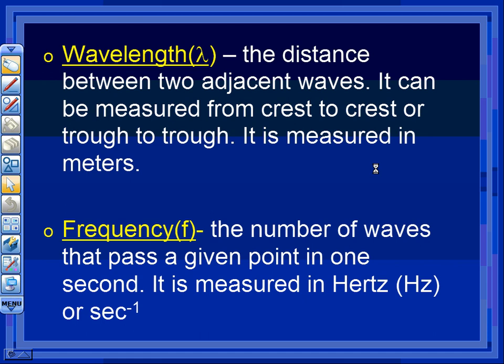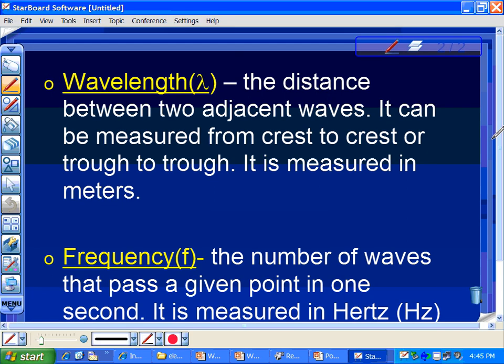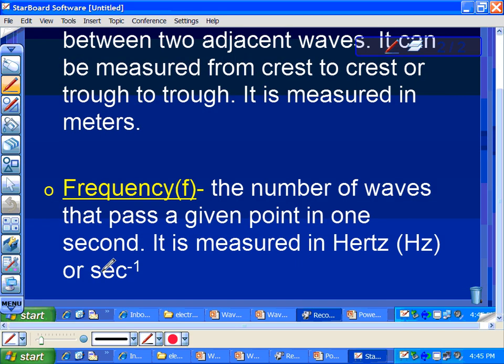It's measured in the units called hertz, or 1 per second, and per second can be written 2 ways. You can write it seconds to the negative 1, or you can write it 1 over seconds. So, hertz, Hz, or seconds to the negative 1, or 1 over seconds. This is how you're going to write frequency.